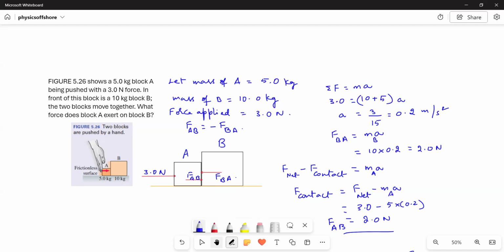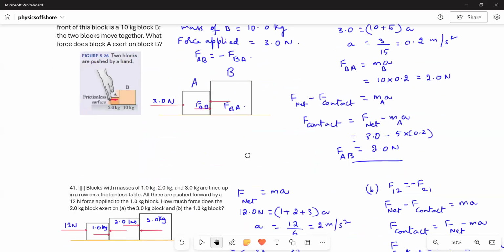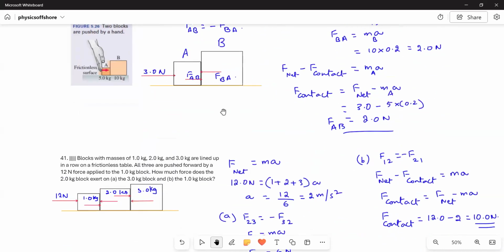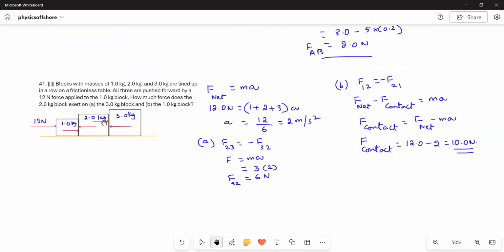Hope this helps. I will do one more problem based on this same kind of problem with three blocks. Here we found the contact force between two blocks. Let us find out the contact force between three blocks. So here, let me read the question. Blocks with masses of 1 kg, 2 kg, and 3 kg are lined up in a row on a frictionless table.